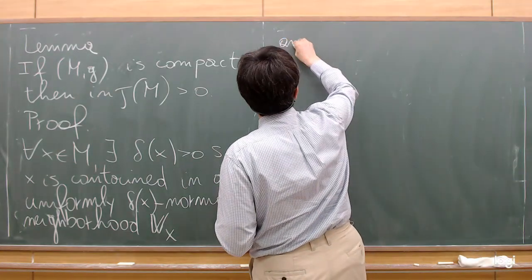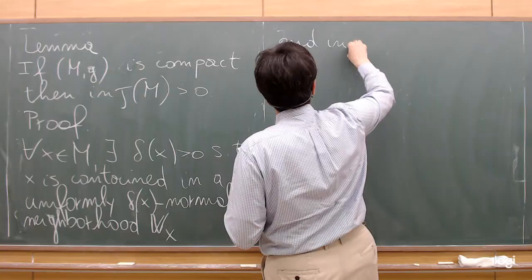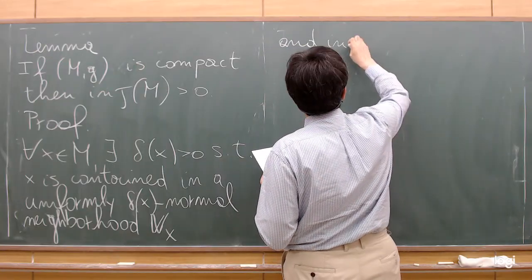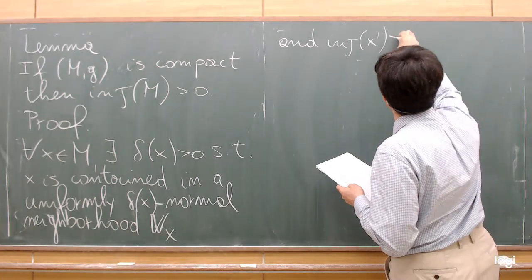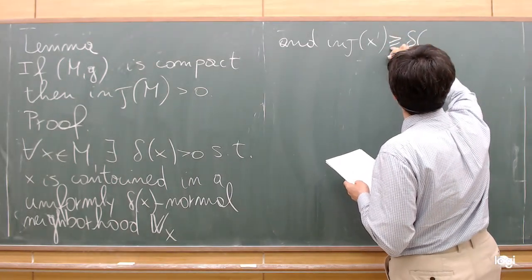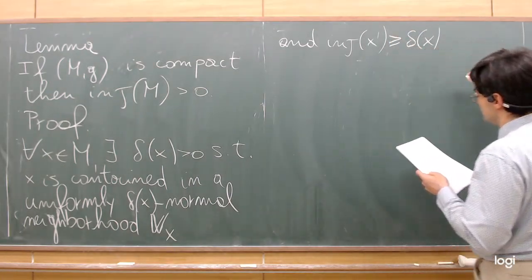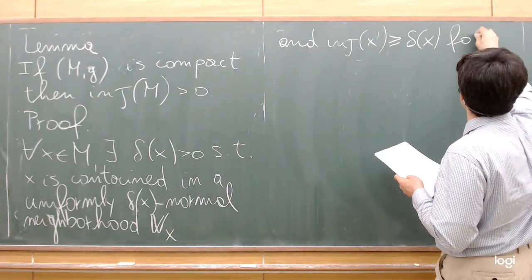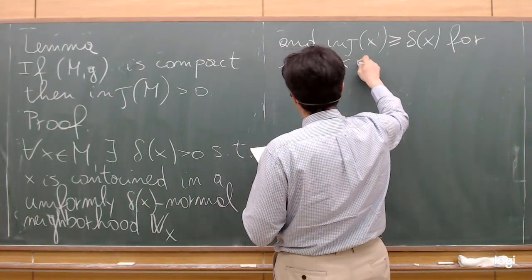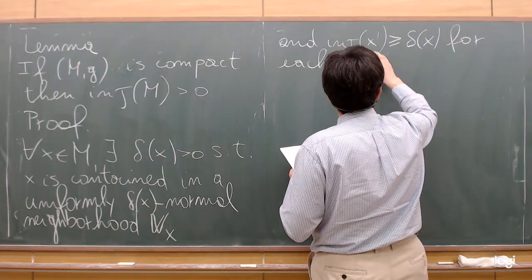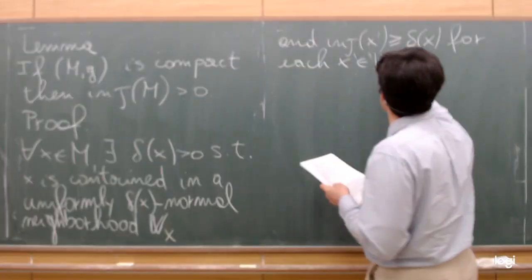And the injectivity radius at x prime is larger or equal to delta x for each x prime in W.